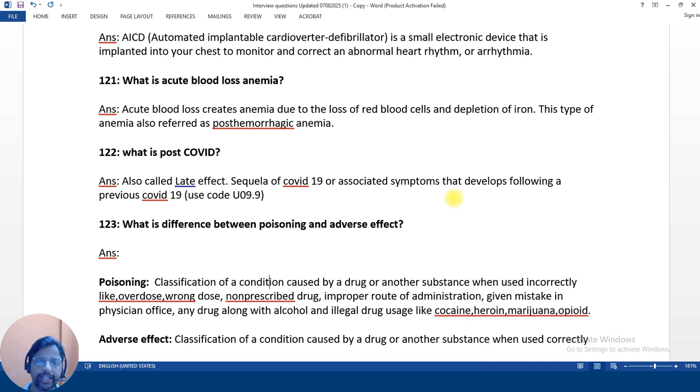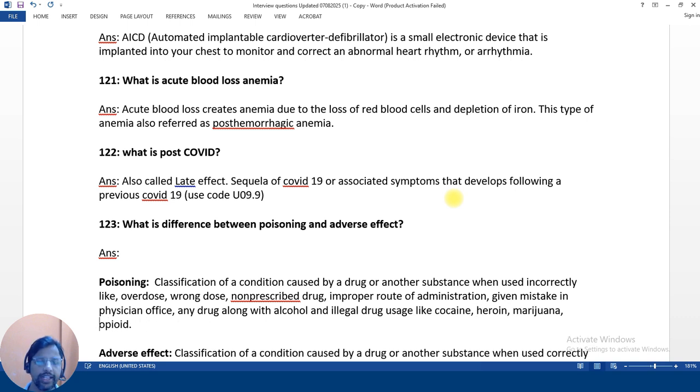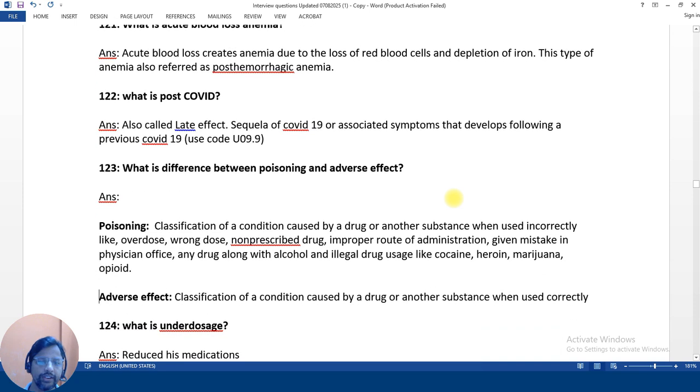So classification of a condition caused by a drug or another substance when used incorrectly, like overdose, wrong doses, non-prescribed drug, and given by mistake in physician office, any drug along with alcohol and illegal drug use like cocaine, heroin, marijuana, or opiates. These are examples for poisoning. Okay. So adverse effect is classification of a condition caused by a drug or another substance when used correctly. So when used incorrectly, poisoning. When used correctly, adverse effect.